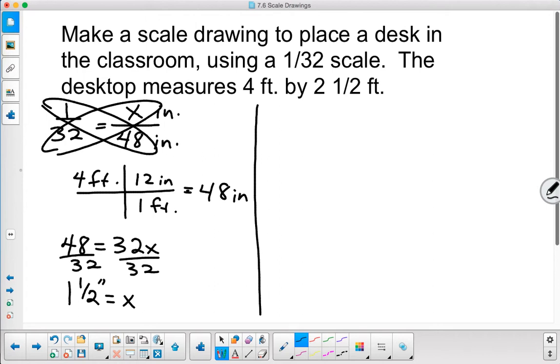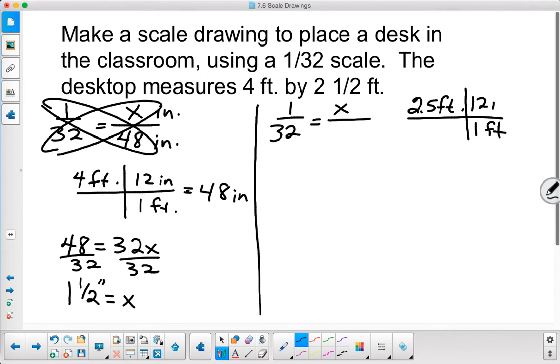Now let's do the 2.5 feet. Scale, 2.5 feet in inches. 2.5 times 12 is 30.